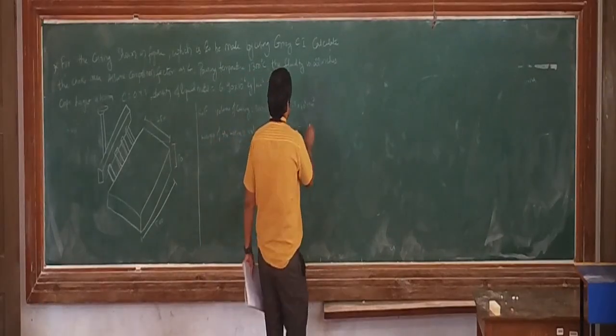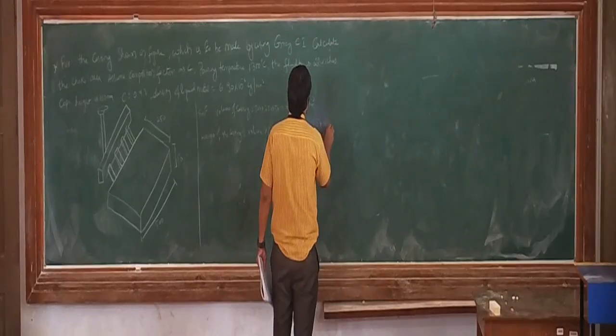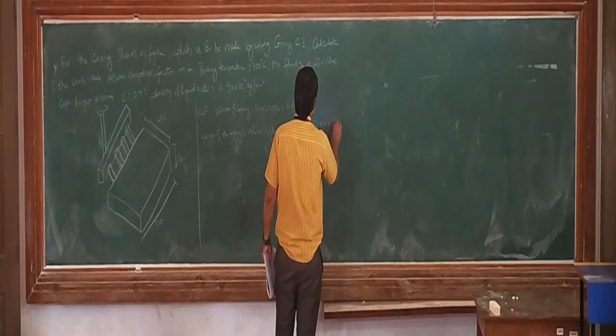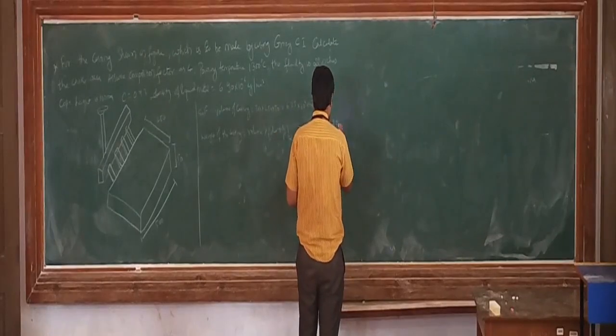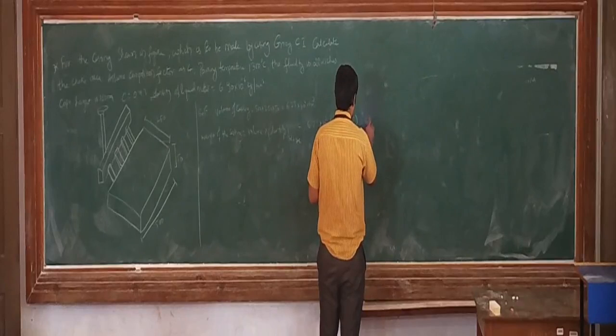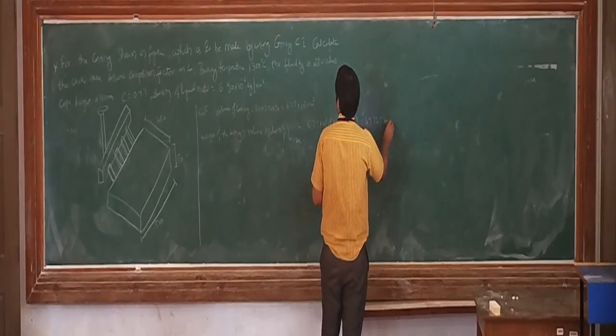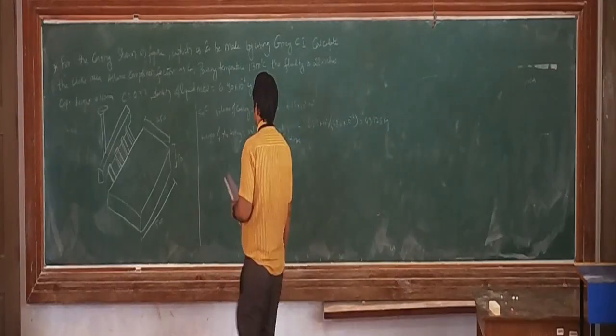That is 6.25 into 10 raised to 6 multiplied by 7.86 into 10 raised to minus 6. That is 49.125 kg. Density in terms of kg per mm cube.